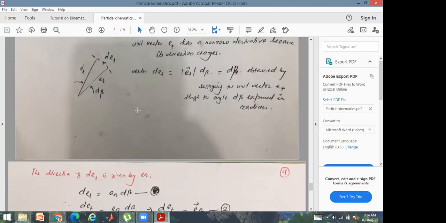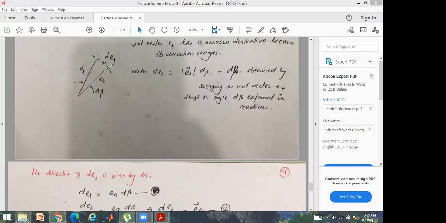अब हेर त तिमीले के बुझ्नु पर्छ भन्दाखेरिमा det will be given as the modulus of et times dβ.